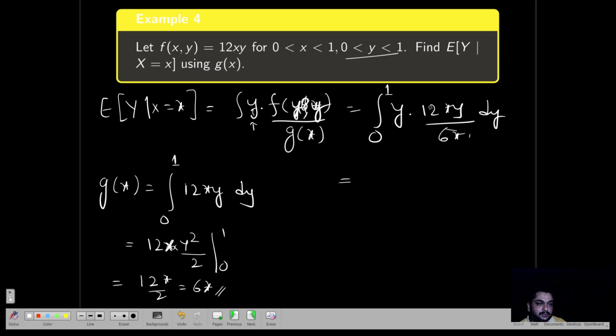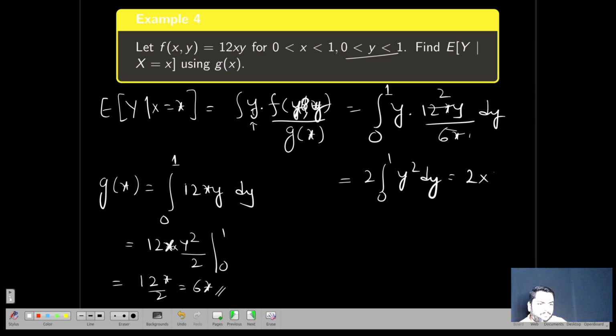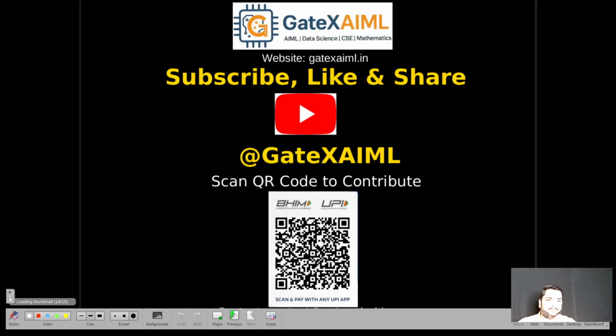So 12 by 6 is 2. So it will be 2 times the integration of y square dy, which equals 2 into y cube by 3. We will get it as 2 by 3. So that completes your conditional expectation.